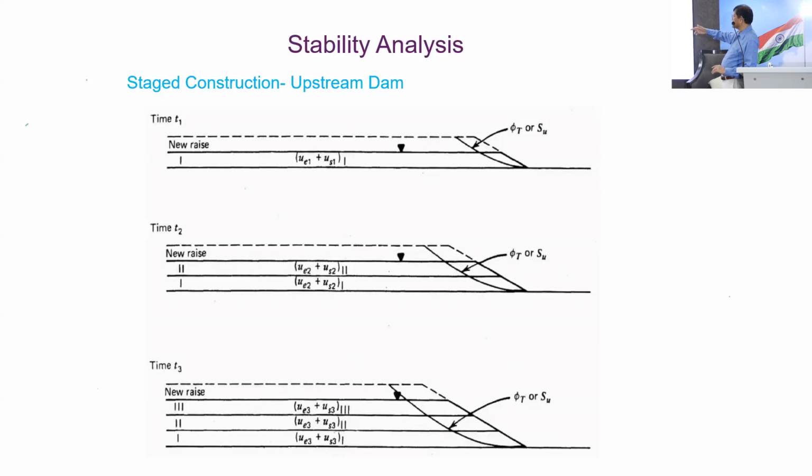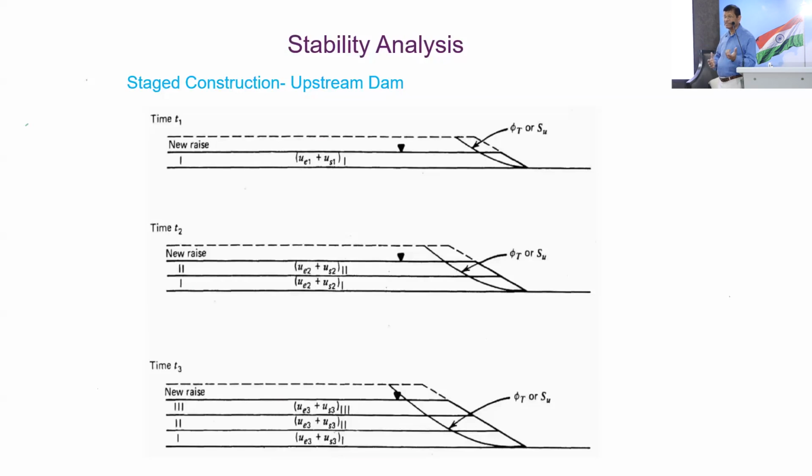When we go to the second stage, it all becomes U2, Us2, because load is added, and extra load is added in the next stage. So when you go to stage 3, this is how it progresses with time. That's why in the tailings, it all depends on time.